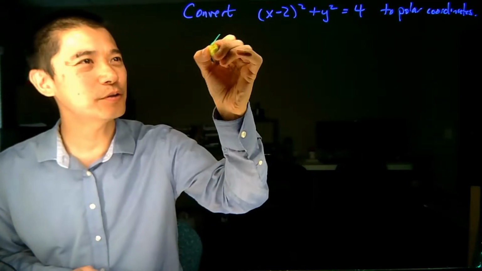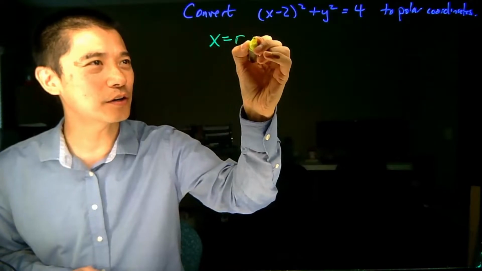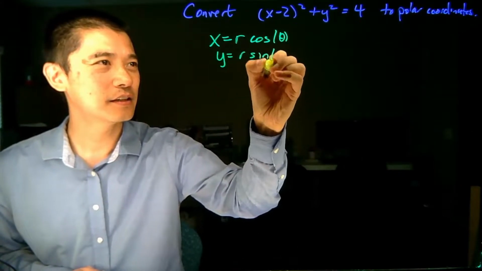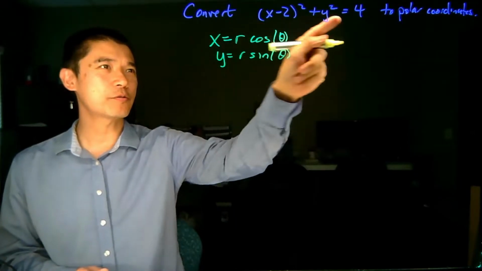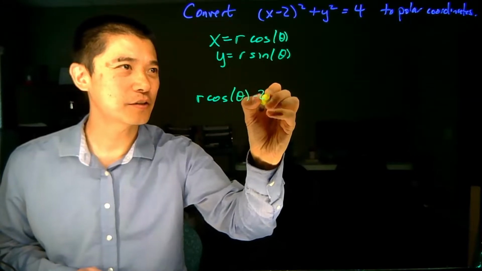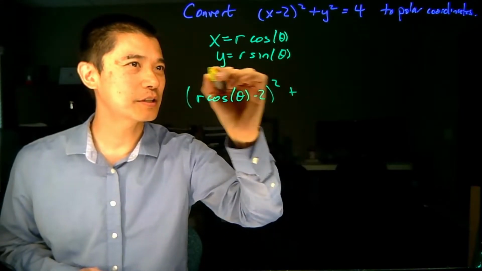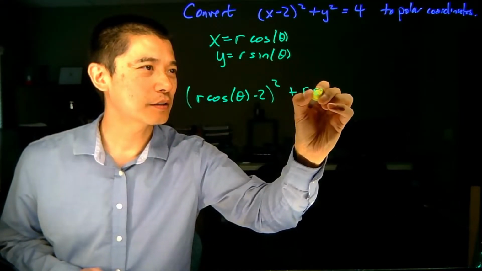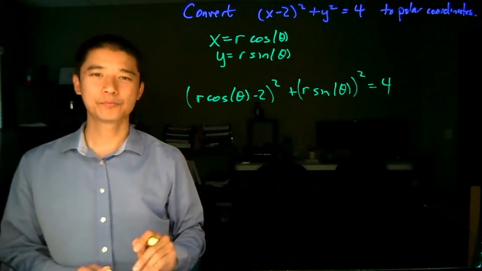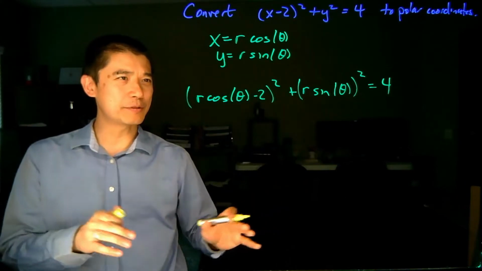Our two substitutions, x equals r cosine theta and y equals r sine theta, can just be dropped straight into this equation. So (r cosine theta minus 2) quantity squared plus (r sine theta) squared equals 4. Now we have to do a little bit of substitution and see what happens.